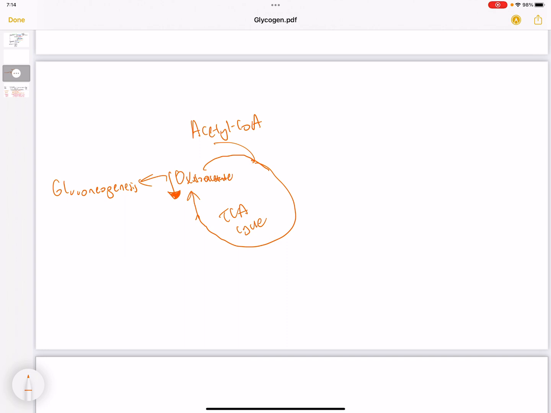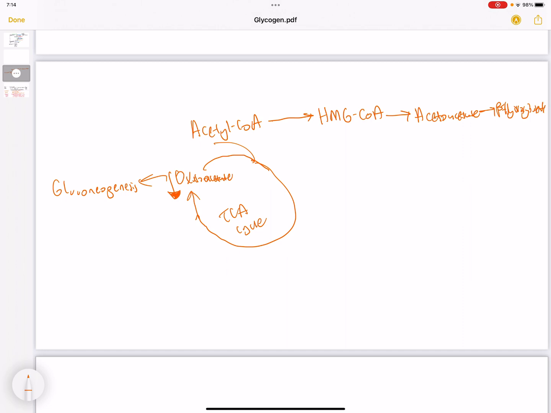Now, because oxaloacetate is needed for acetyl-CoA to enter the citric acid cycle, the acetyl-CoA is going to in turn shift to produce ketone bodies. So it will produce HMG-CoA, which can then produce acetoacetate as well as beta hydroxybutyrate.